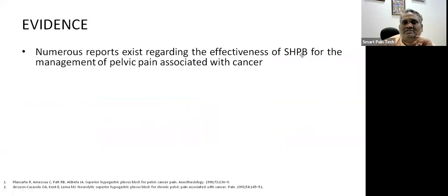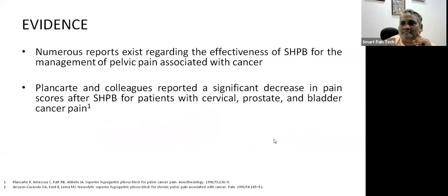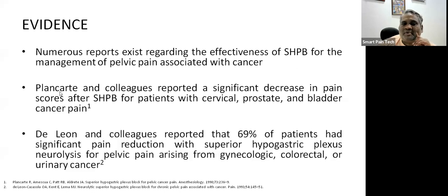So what is the evidence? Numerous reports exist regarding the effectiveness of this block for the management of pelvic pain associated with cancers. Plancarte is a very good physician, I think from Mexico. He's a very old guy, and he has done a lot of work in cancer pain, and he still does.